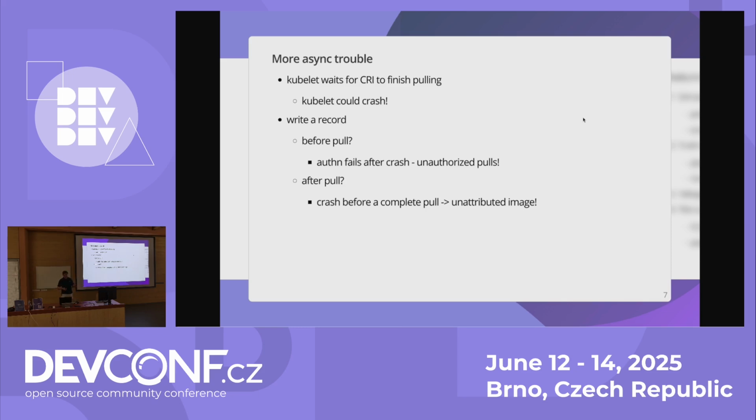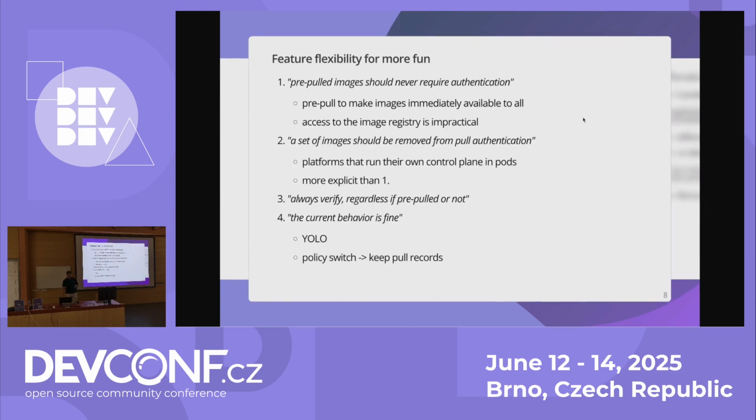Well, there's trouble because different people are using images differently, right? And so we want some kind of feature flexibility for more fun with the cache. There are use cases where Kubernetes actually lets you pre-pull the images to your node so that this image can then be used by any workload immediately. You want that image to be available to anyone running there.